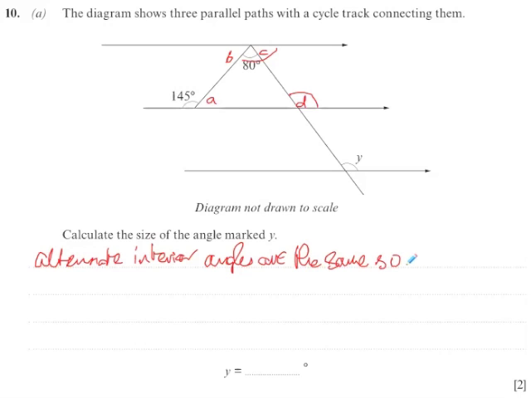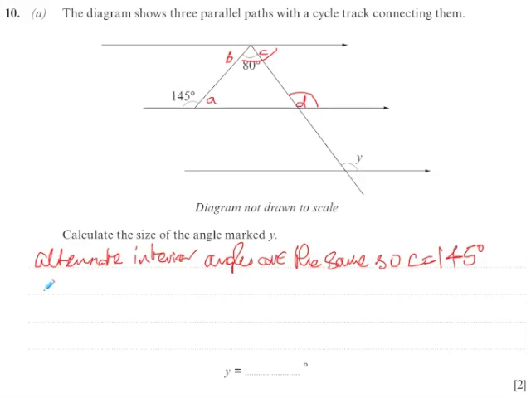So C equals 145 degrees. So those are alternate interior angles. Okay, so they're going to be the same.